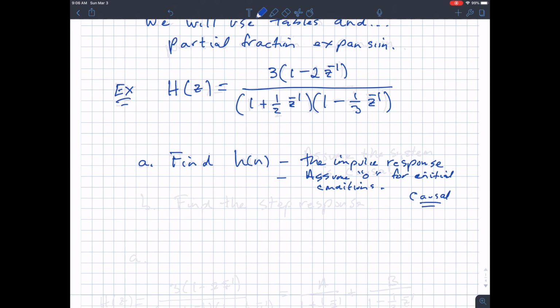Okay, in class we talked about regions of convergence, and if you're given that the system is causal, you no longer need that information from the region of convergence. You can just do the causal inverse. Okay, so that's what we're going to do. And then under the same assumptions, part B, I want us to find the step response.